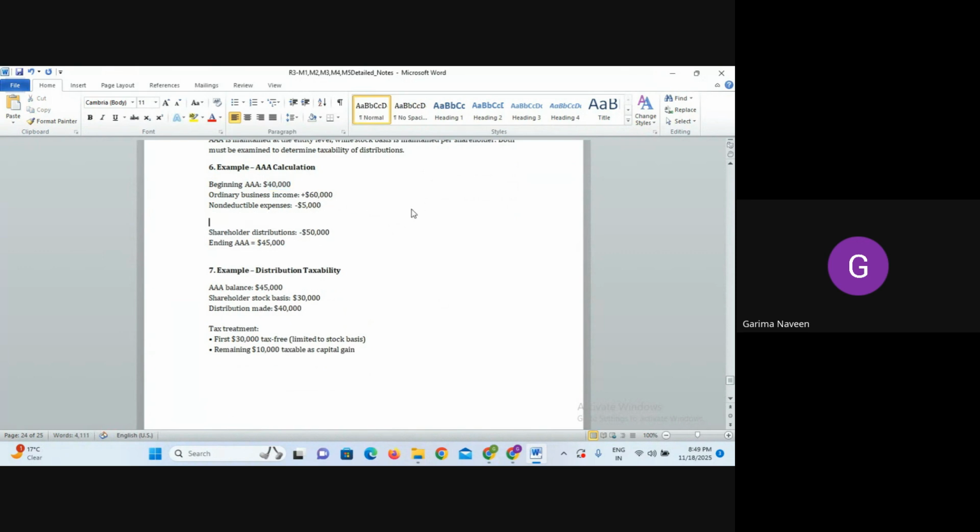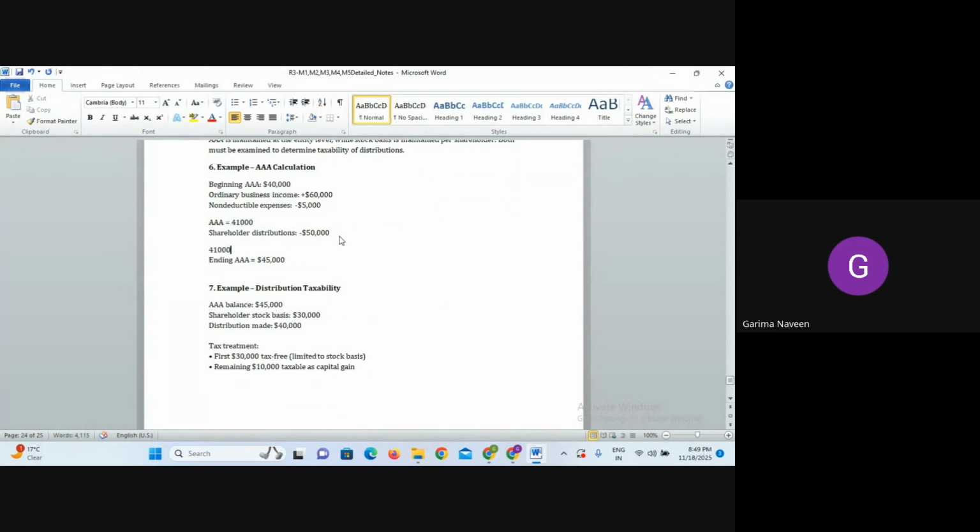So you have your balance in AAA of $41,000 and you are making a distribution of 50,000. As I told you, this distribution first goes from your AAA account. So up to 41,000, it will be considered tax-free to your shareholder and reduces his stock basis.